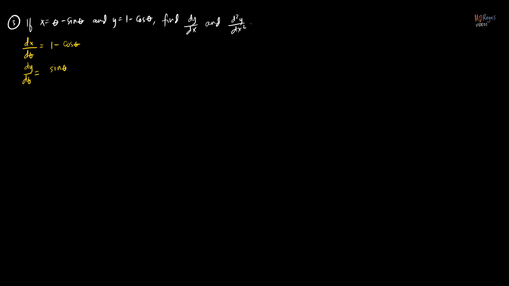So the derivative of y with respect to x using the parametric differentiation formula is dy over d theta times d theta over dx. If dx over d theta is 1 minus cosine theta, then d theta over dx is equal to 1 over 1 minus cosine theta, just the reciprocal of dx over d theta.